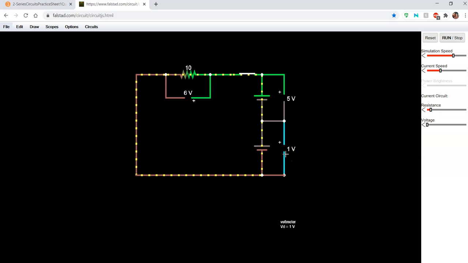Okay? So I added here, just for demonstration purposes, a voltage slider, which is going to allow me to change the input voltage.